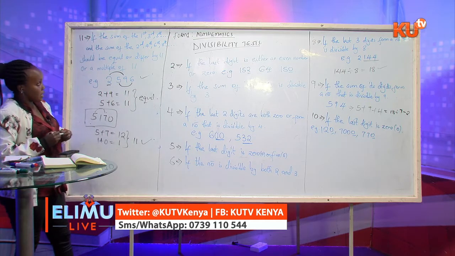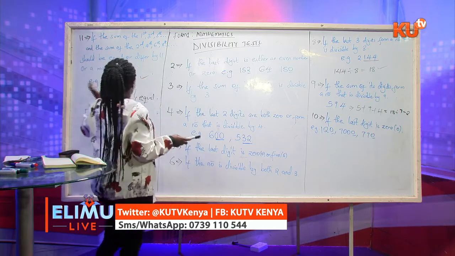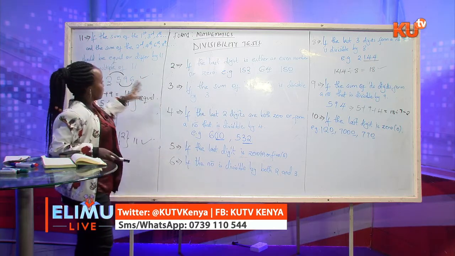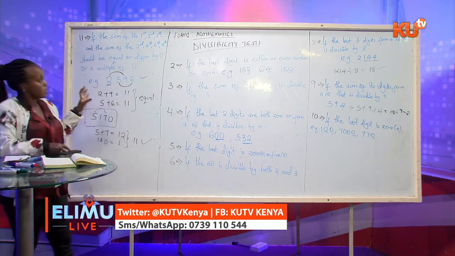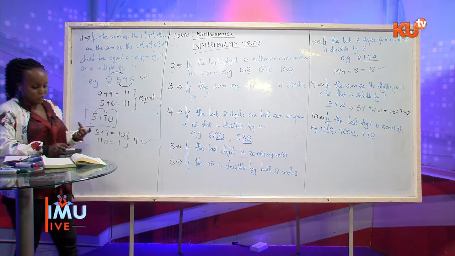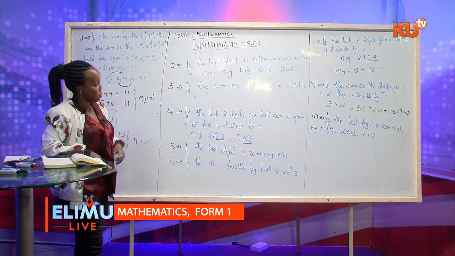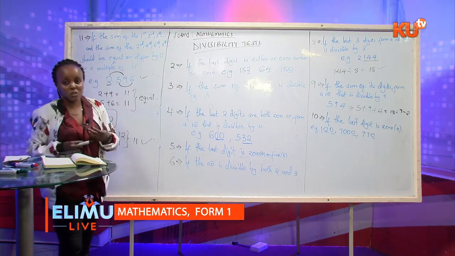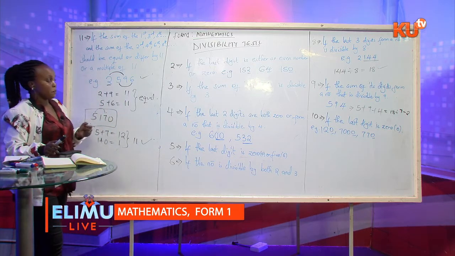So as I finalize, I'll just take you through the divisibility tests as we've written them all the way from 2 up to 11. I hope everything was understandable. As I start, we saw that a number is divisible by 2 if the last digit is either 0 or an even number.